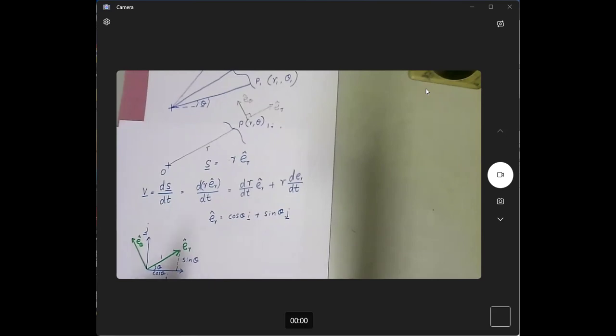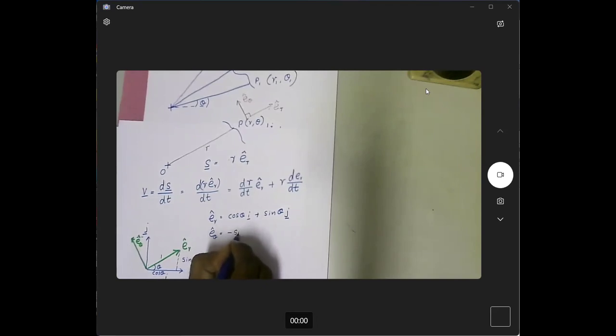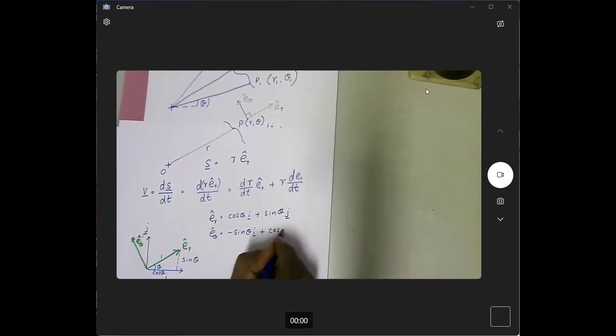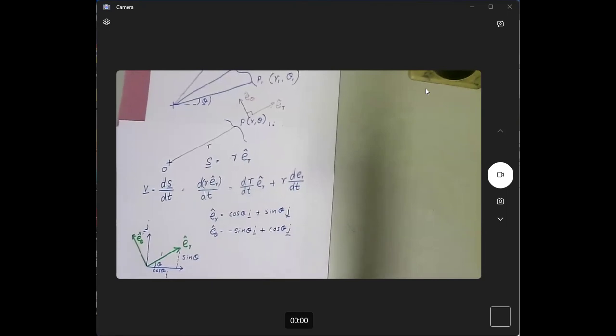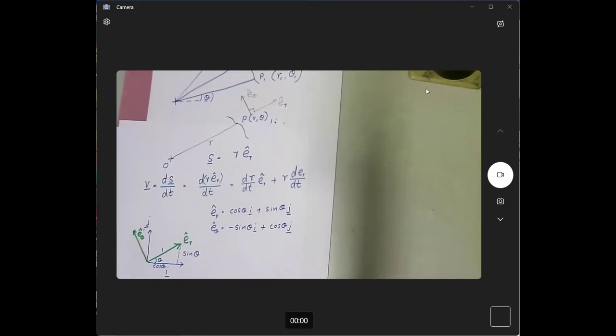In the same way, I can find this e_theta vector, which is minus sine theta i plus cos theta j. It is simple geometry and trigonometry.